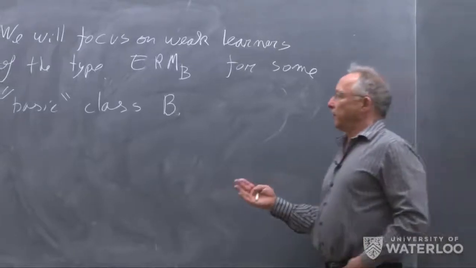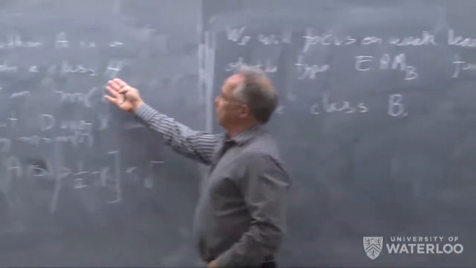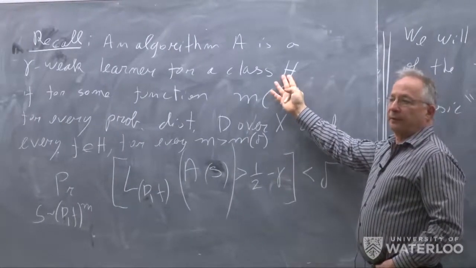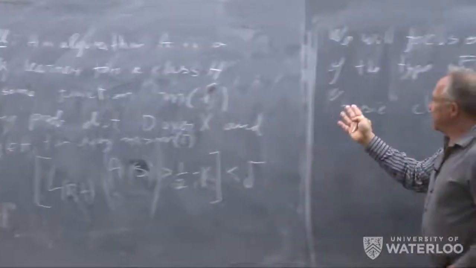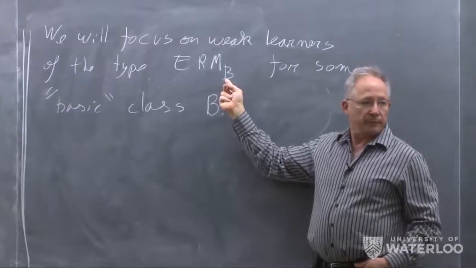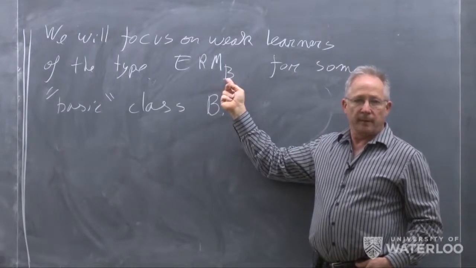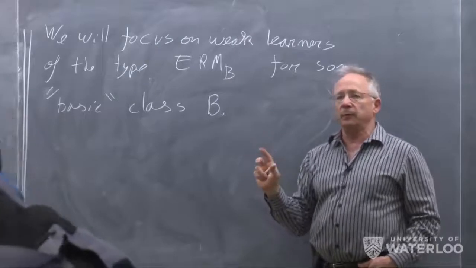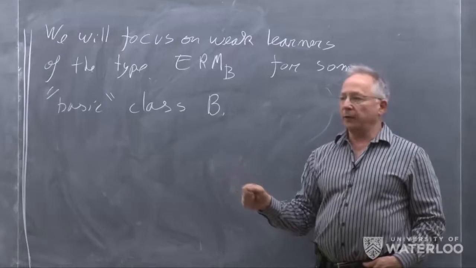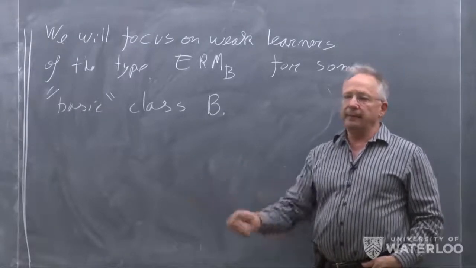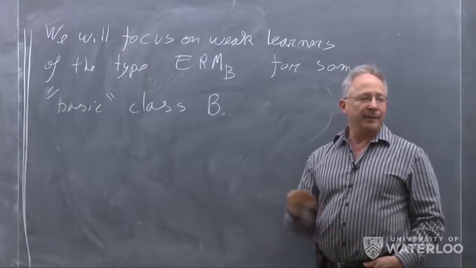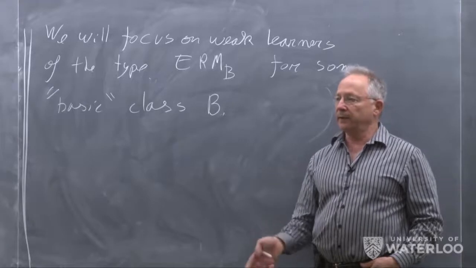Now, why not ERM over H? Because we will consider classes H for which ERM over H is difficult to compute. Instead, we will compute ERM over some very basic class B that will be easy to compute. So we will have an interplay between two types of functions: the complex functions of H that we are trying to approximate, to learn, and the simple functions from B that we are using as a subroutine in our boosting algorithm.